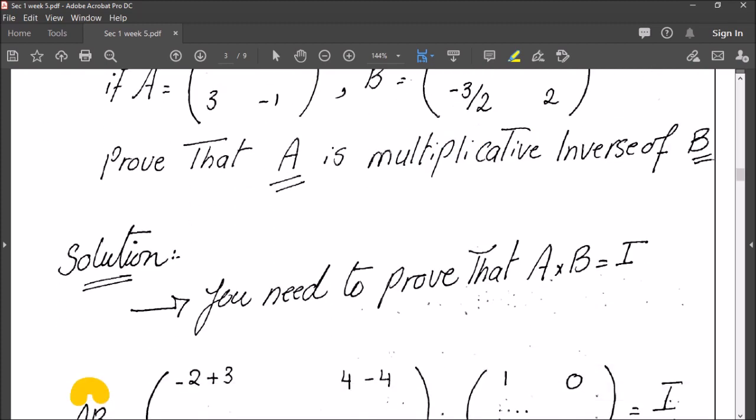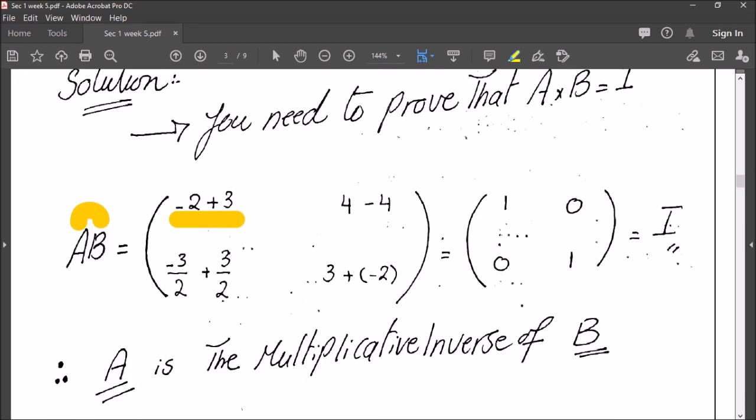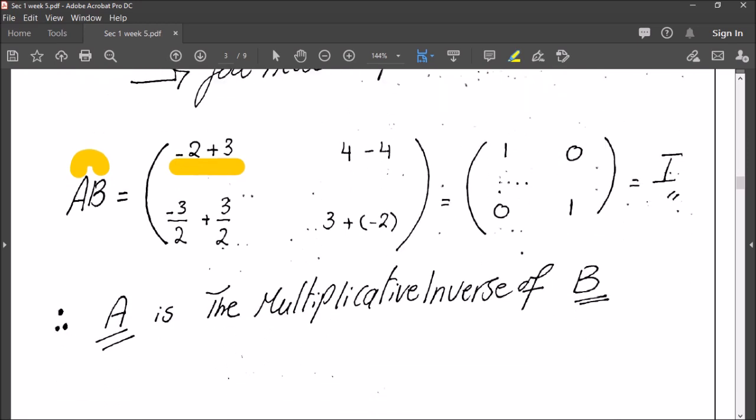After we did our multiplication process, we get that negative 2 plus 3 equals 1, 4 minus 4 equals 0, negative 3 over 2 plus 3 over 2 is 0, 3 plus negative 2 is 1. So we get our identity matrix. Therefore, A is the multiplicative inverse of B.